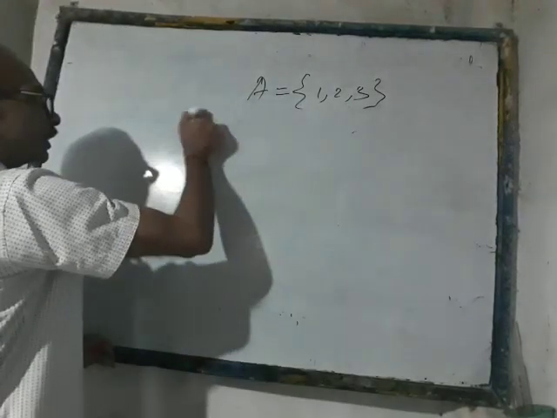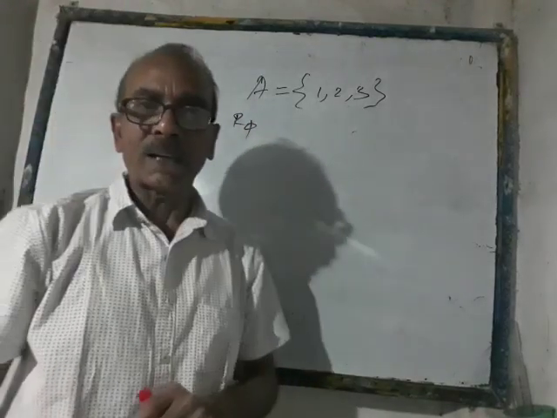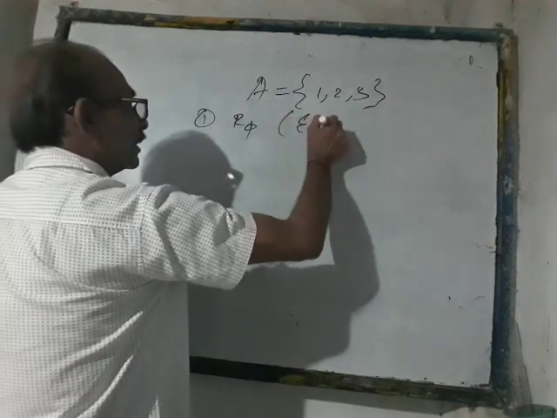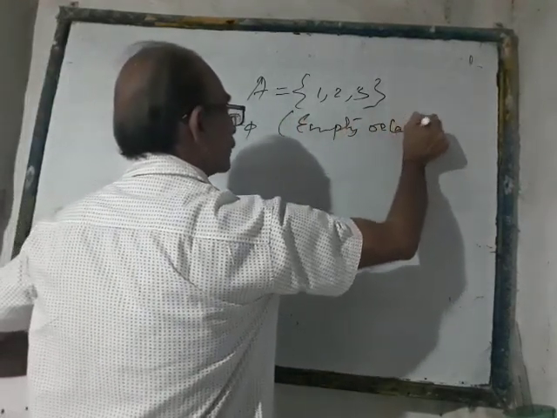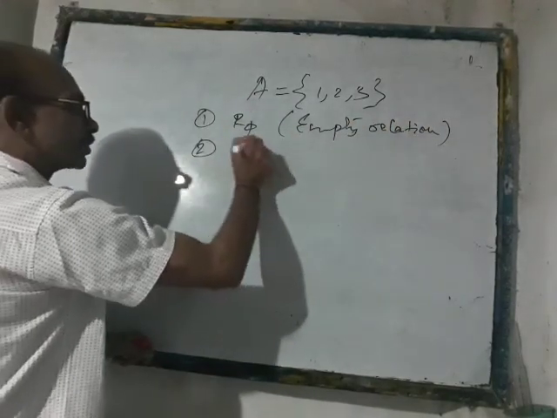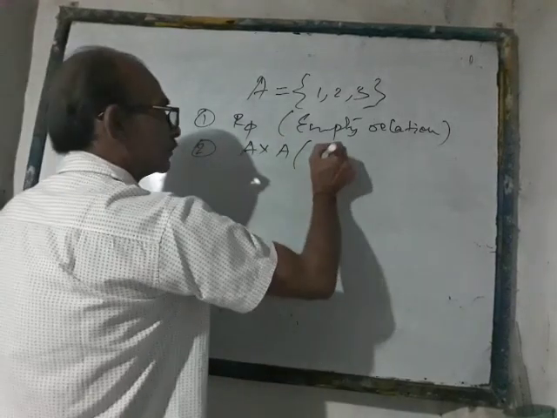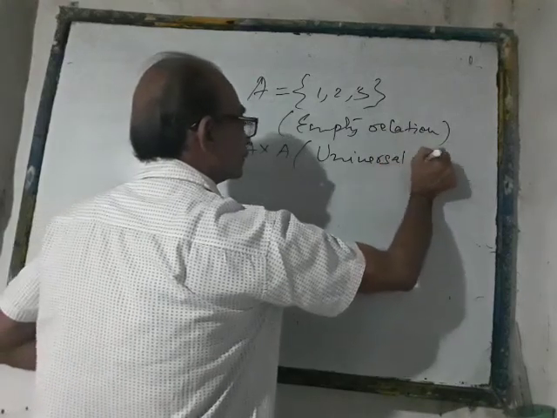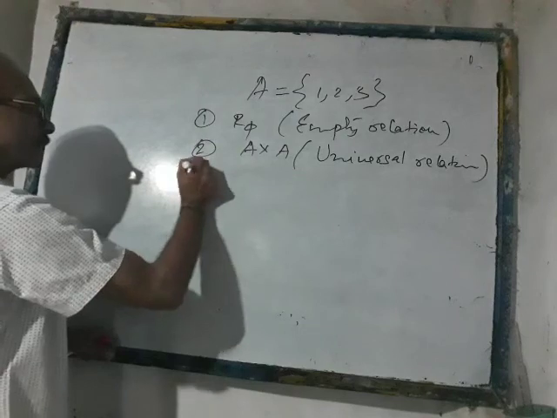The first one I am taking is R5. R5 means what? Relation 5. Relation 5 means the empty relation. This one is an empty relation. Second one I am going to discuss is A cross A. What is A cross A? The universal relation. Now we take some other elements.